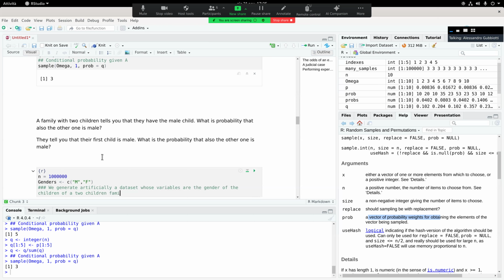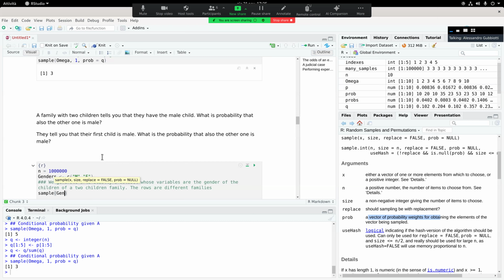So let's take a sample from the vector of genders of size n, with replace equal to false, and save it to gender first child.